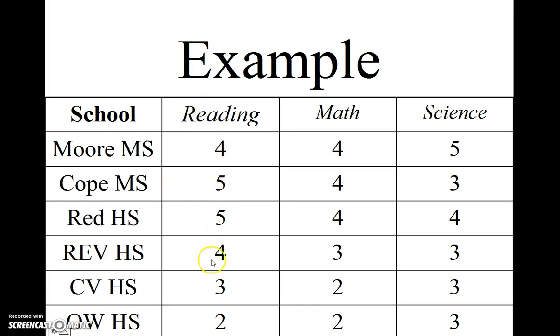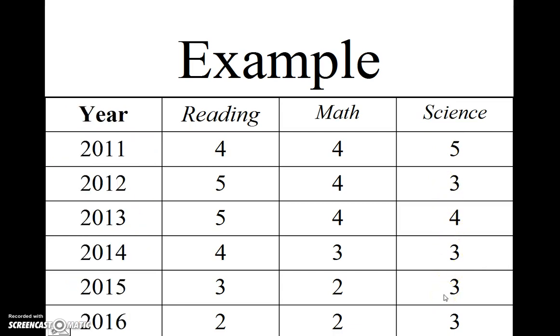This column represents average reading scores, this column is average math scores, and this column is average science scores.